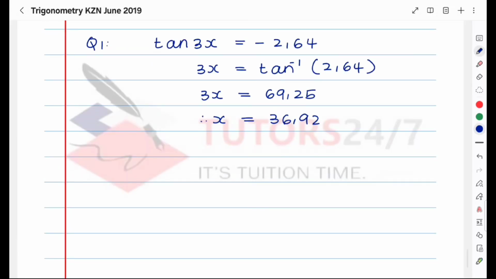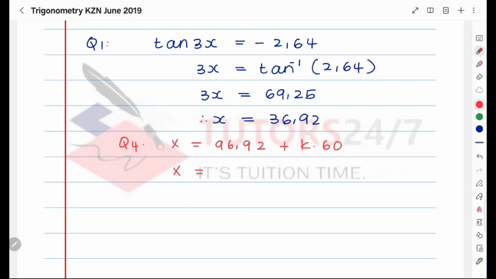Please keep in mind there is an alternative way that we could have done this. We could have used our solution from quadrant 4 in the previous question, which was x is equal to 96.92 plus k times 60. Now this is for quadrant 4. But if we want a solution in quadrant 1, because we know that quadrant 4 and quadrant 1 are next to each other, we could have made the solution go backwards. To make it go in the opposite direction, you just use a negative.